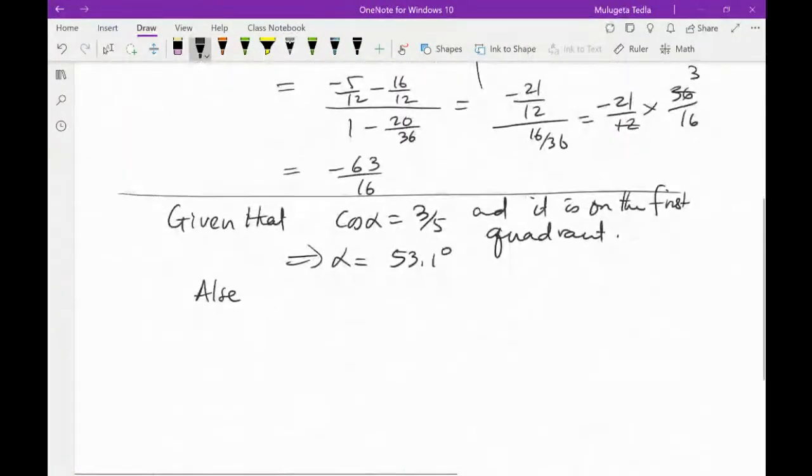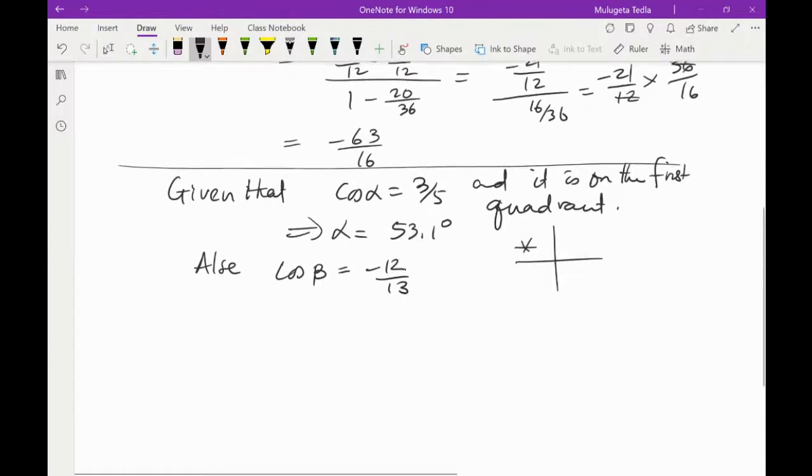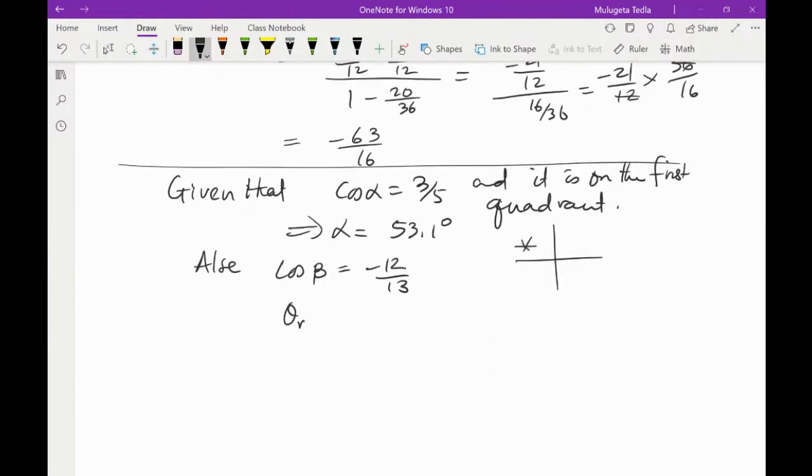Cos beta is negative 12 over 13. And you know that cos beta is here. So a reference beta would be cos inverse of, ignore the negative, 12 divided by 13, and you get 22.6 degrees.